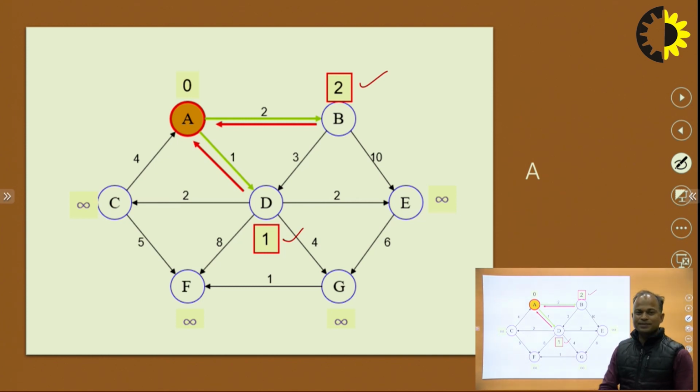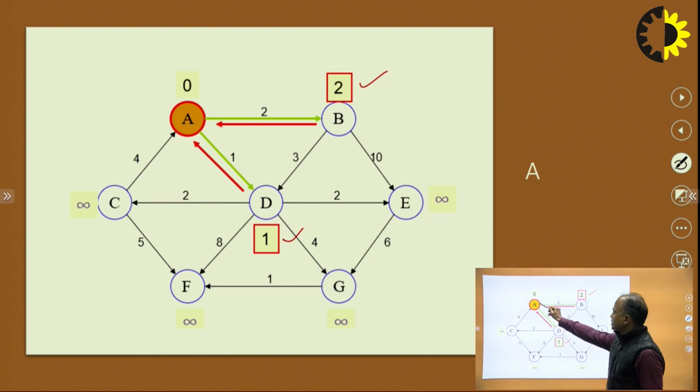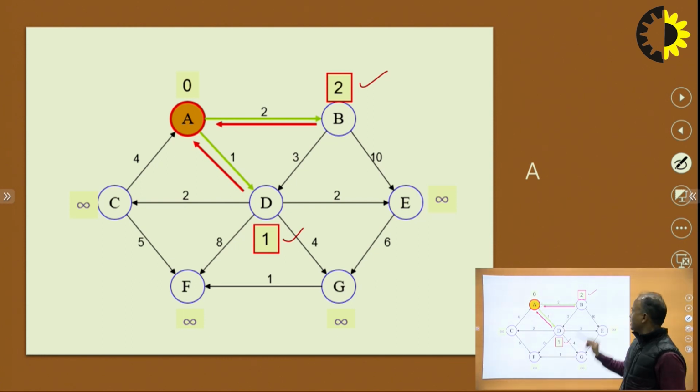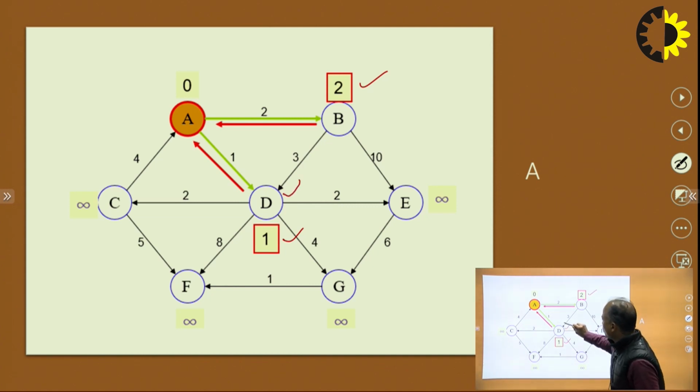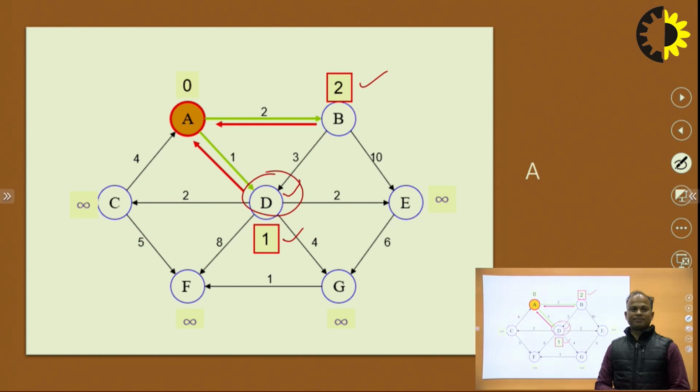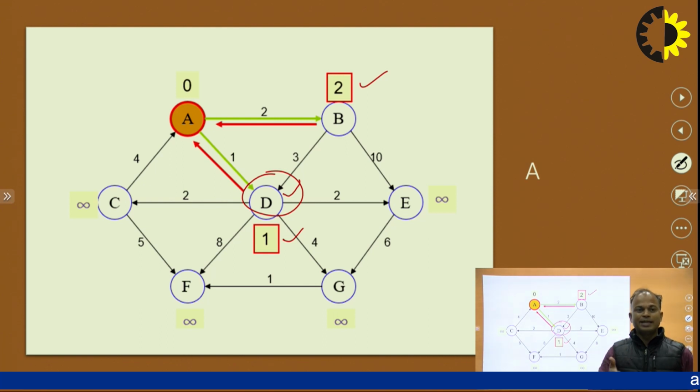So in this case, the total distance traveled to reach D is 1, and to reach B is 2, so the minimum distance traveled is 1. So we need to explore vertex D. Our concept is whatever distance is minimum, we will consider that vertex for the next step.